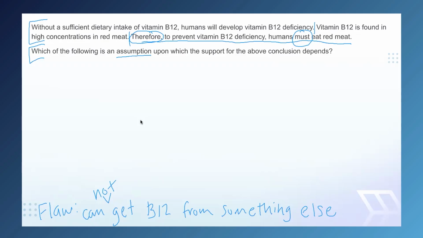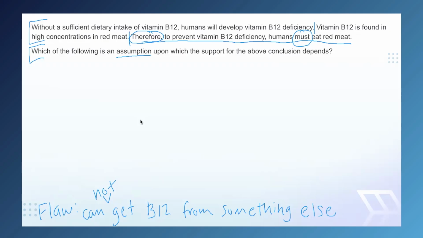So maybe for a strengthen answer choice, we'd say we cannot get B12 from something else because even though there is B12 in every food item, it is in a form that cannot be processed by the human body. In fact, the only food that has B12 in a form that can be processed by the human body is red meat. So yes, you have to eat red meat.